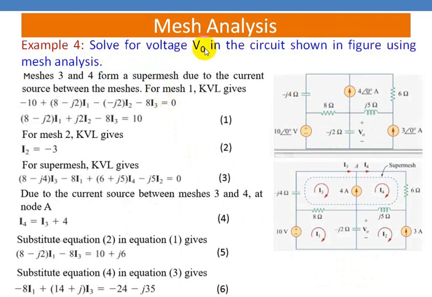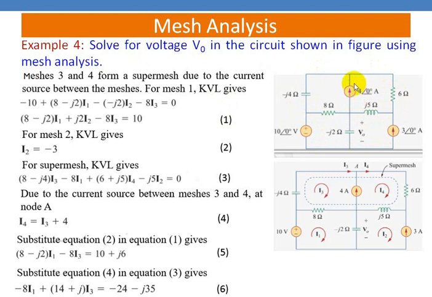Solve for voltage V0 in the circuit shown in figure using mesh analysis. If you see this circuit, here you have a capacitive reactance, resistance, voltage source, capacitive reactance, inductive reactance, current source, resistance, current source.